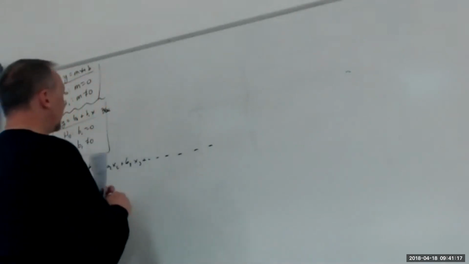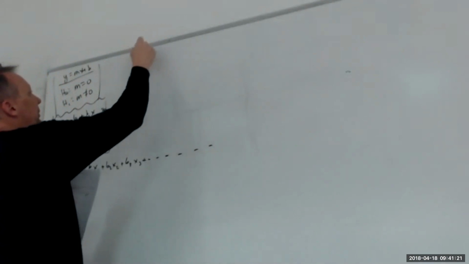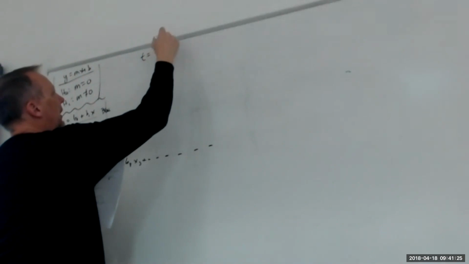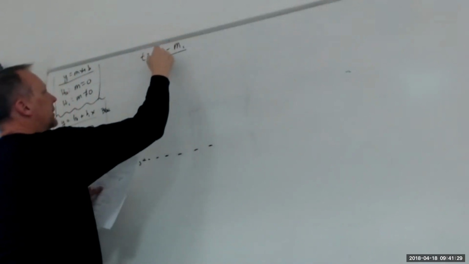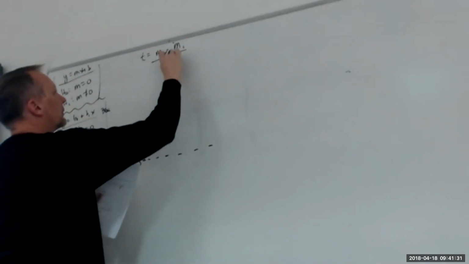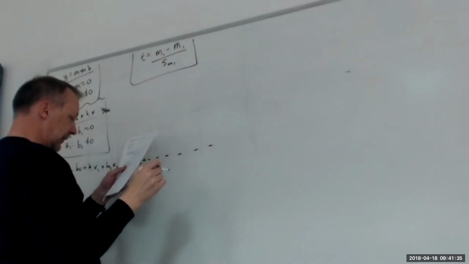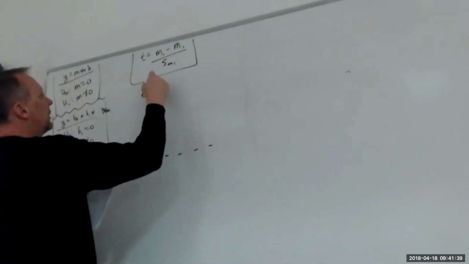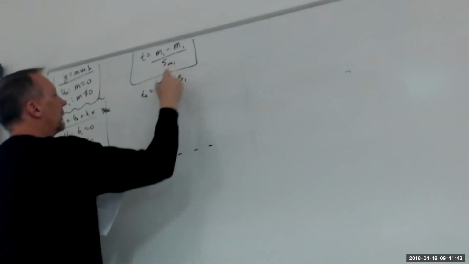So the equation here, I'm going to write it my way again, my way and the book way. My way would be m1 minus capital M1 divided by S sub m1. The book writes it as t naught equals b1 minus beta 1 divided by S sub b1.